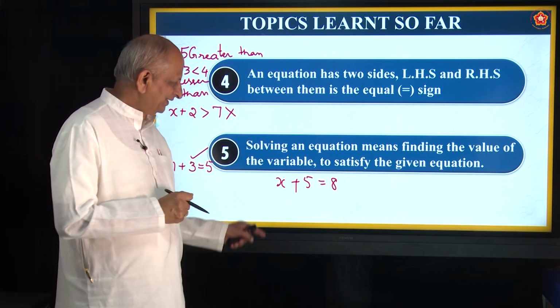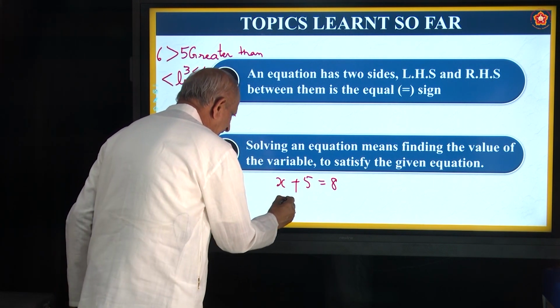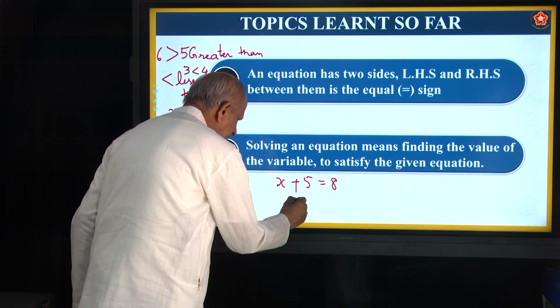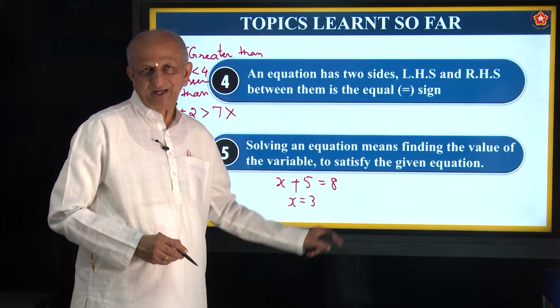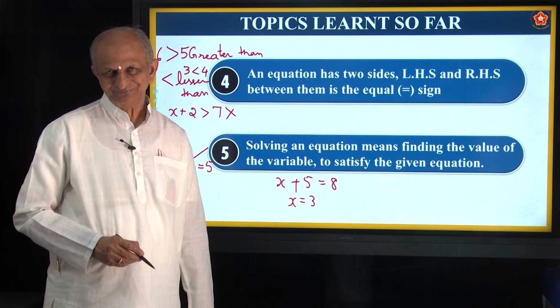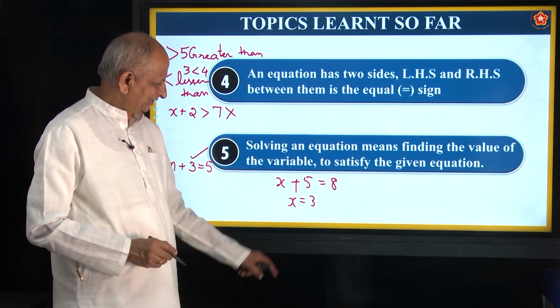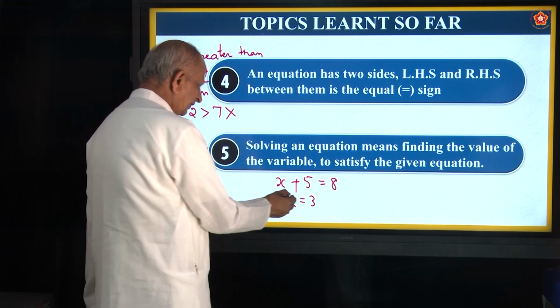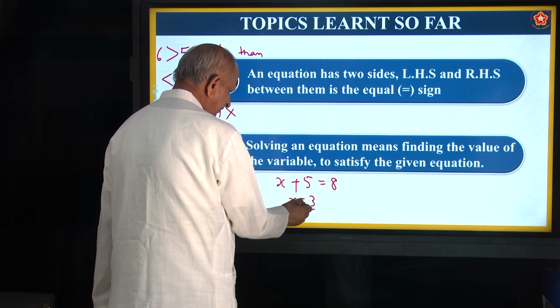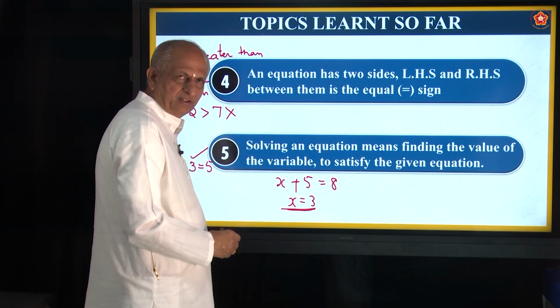Yes, it is 3. x becomes 3, because you think of a number to which you add 5, it should give 8. Are you understanding? So, this is called solving an equation. So, we say x is equal to 3 is the answer, it is the value of the variable.